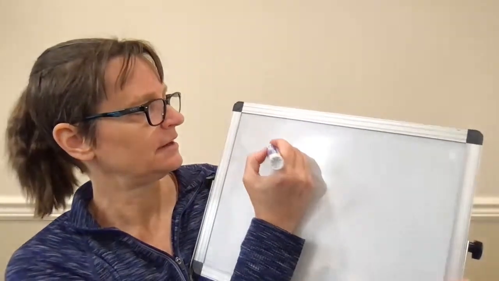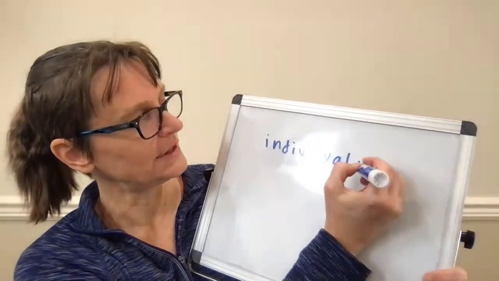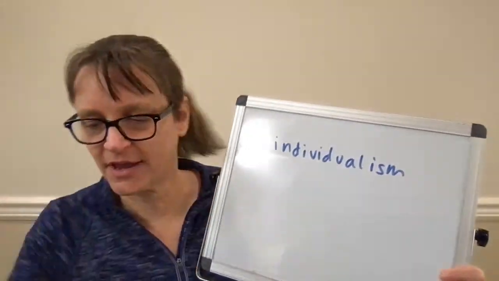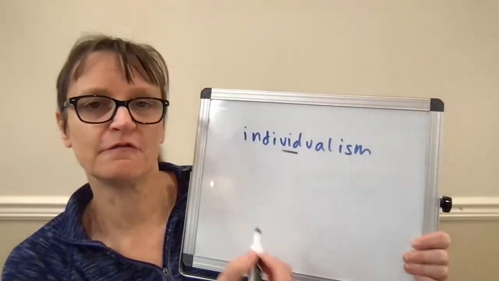We have a request for the words individualism, erroneous, and discriminatory. Okay, so let's look at your words. First we have individualism. Okay, breaking that down, individualism, we have the stress on the vid syllable.